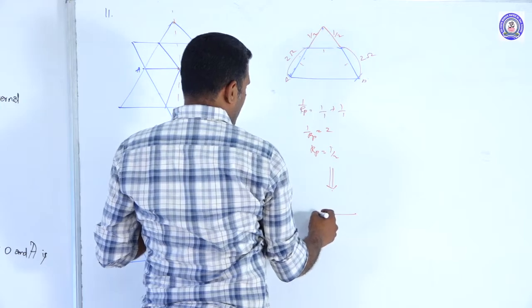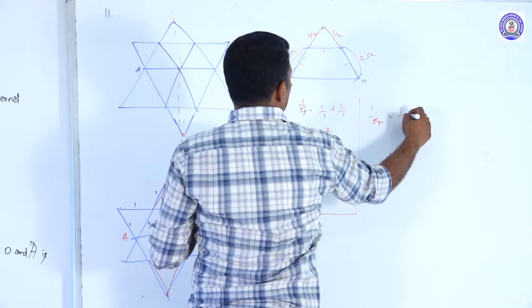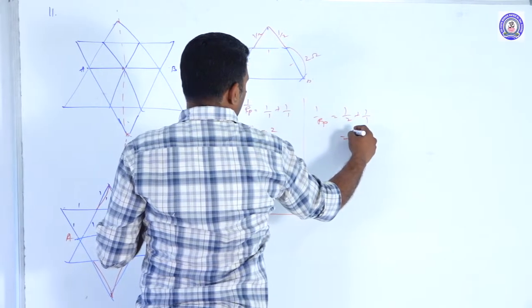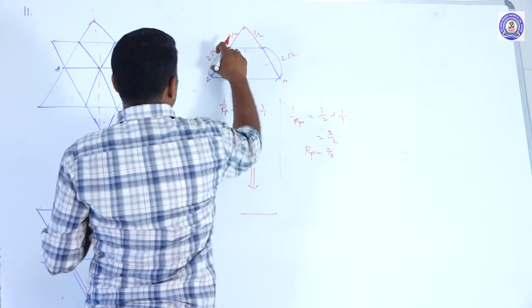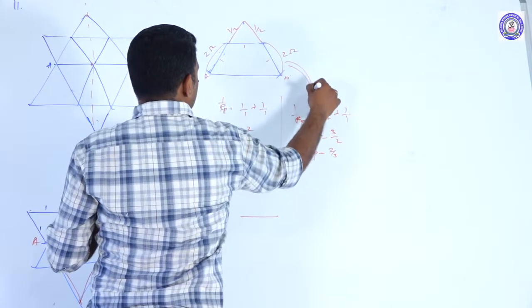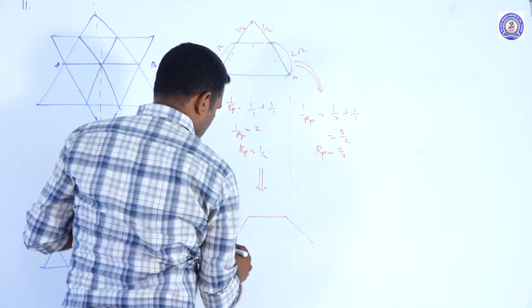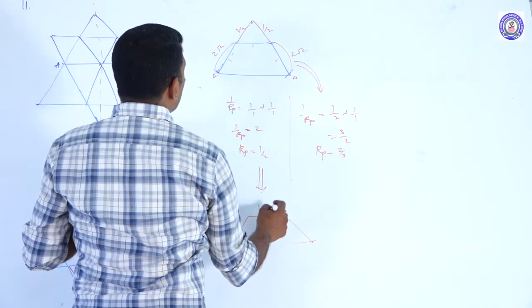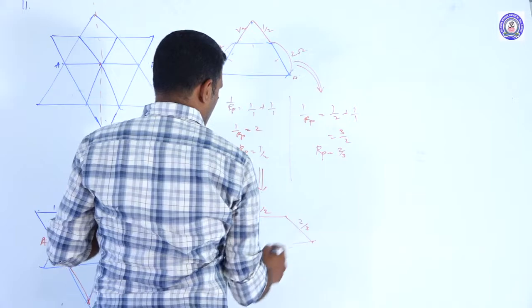So we can write here 1 by Rp equals 1 by 2 plus 1 by 1. It is 3 by 2, so Rp equals 2 by 3. So this resistance or this resistance has a value 2 by 3. So I can reconstruct this one as 2 by 3 ohm, 1 by 2 ohm, and then 2 by 3 ohm.